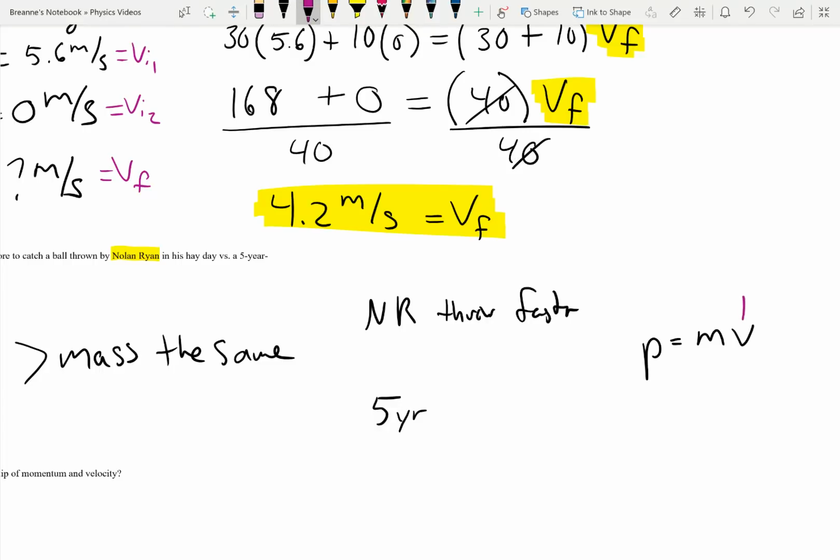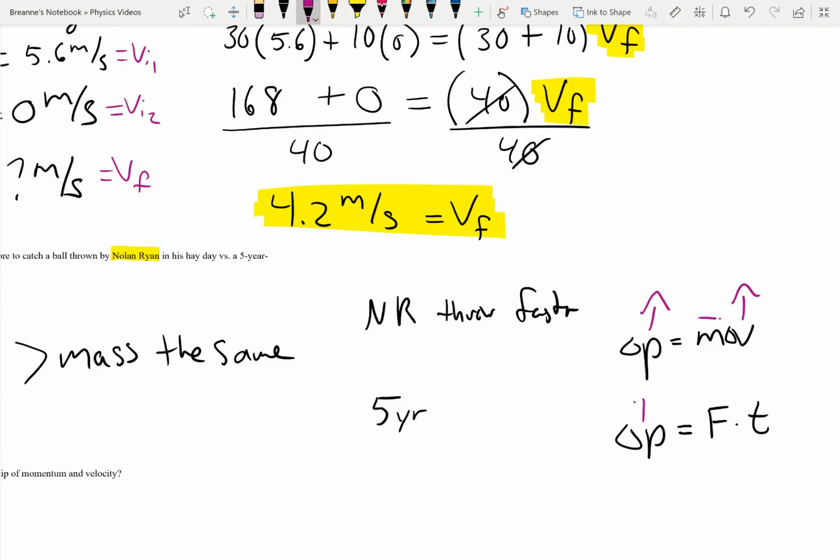So if you increase velocity, keep mass the same, you're going to end up increasing your momentum. Because there is a change in velocity, so there is a change in momentum. And going back, your change in momentum also equals force times time.